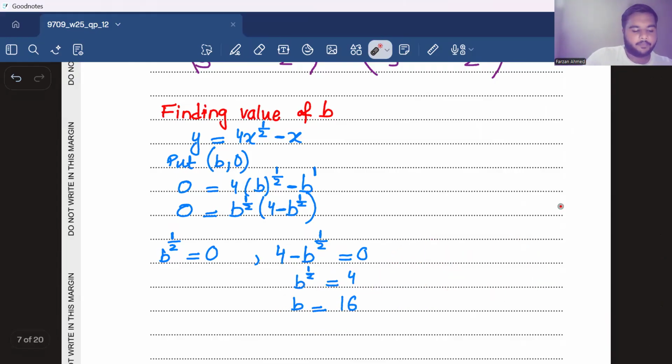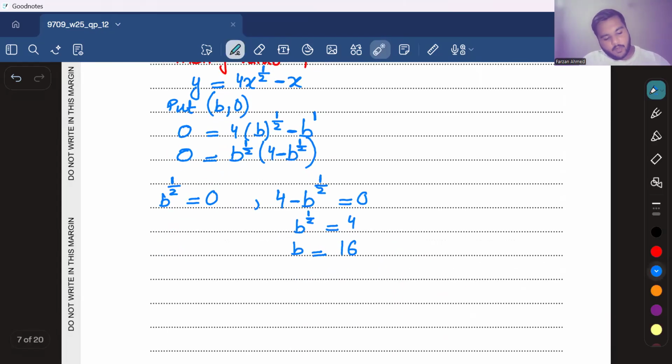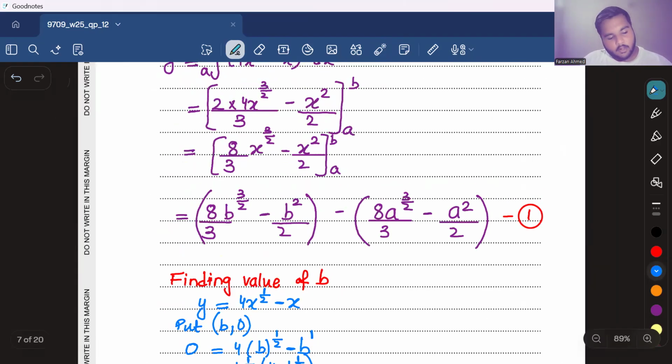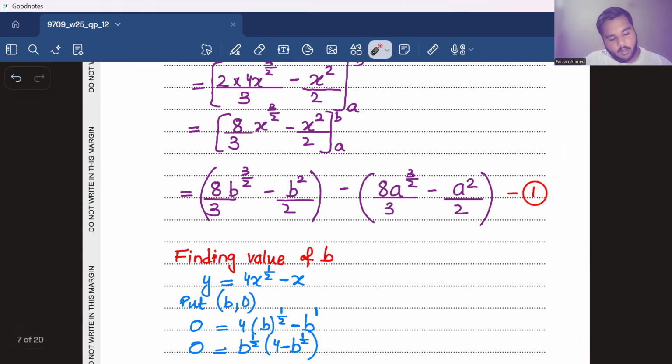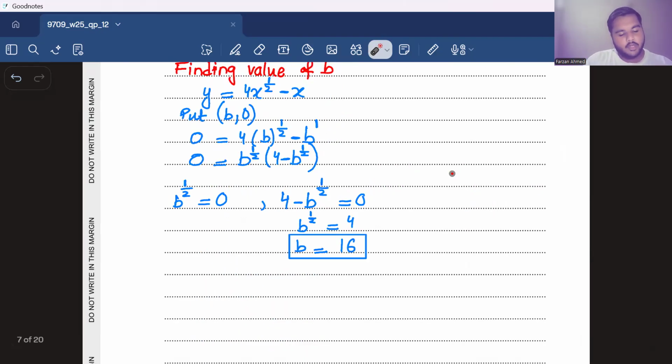Okay, now we have found the value of b, which is 16. Now we have got this, the area of the shaded region. When we have got it, we will apply the b values and a values, so we will get the area of the shaded region.